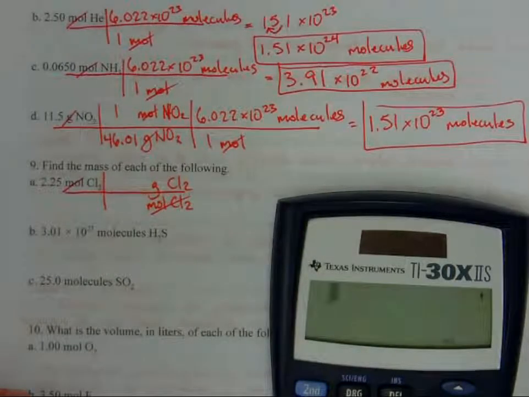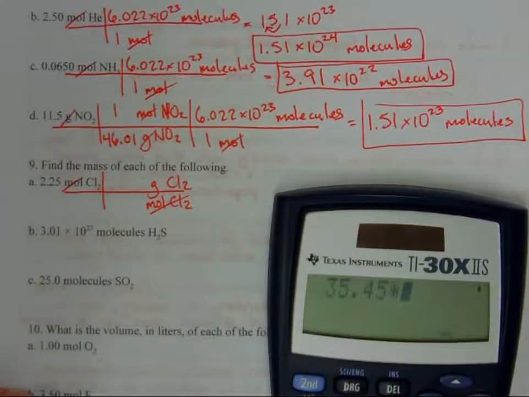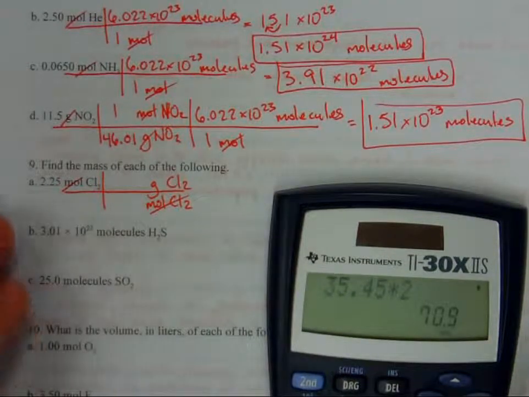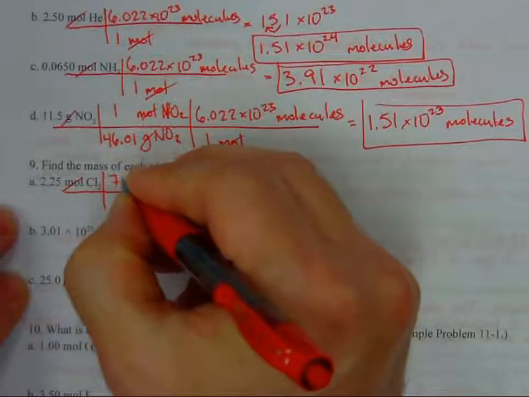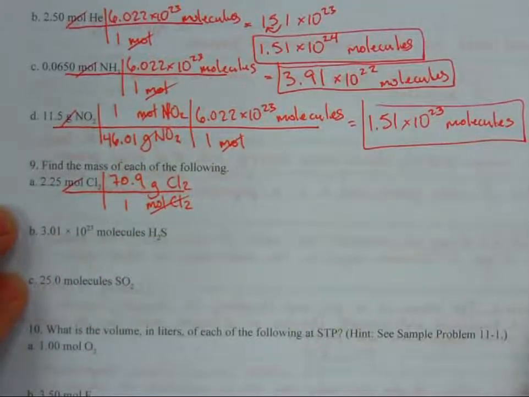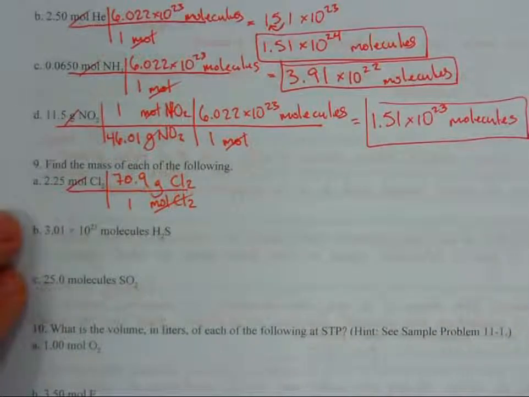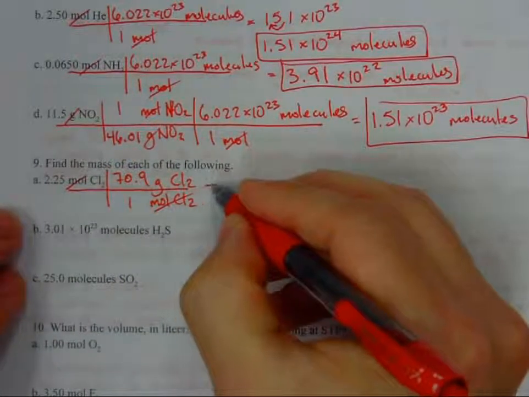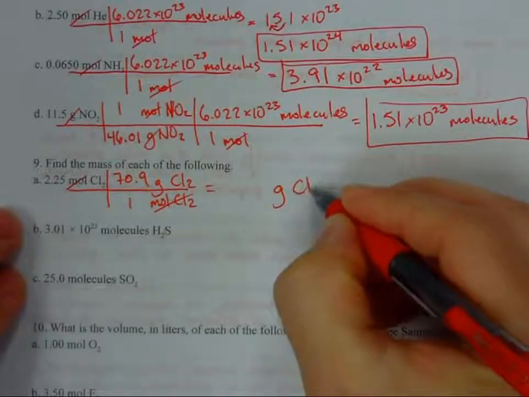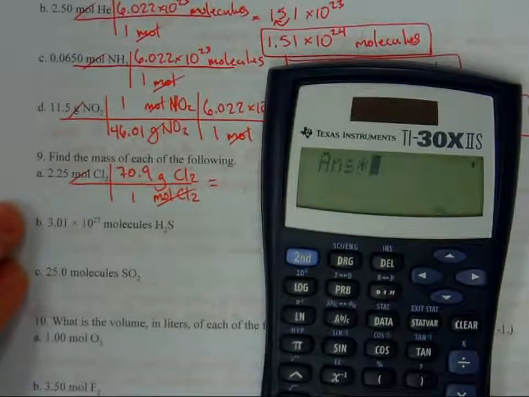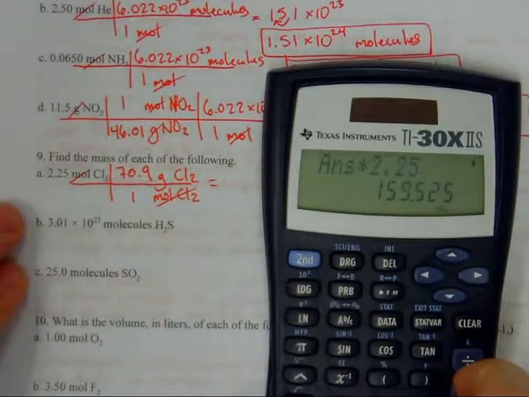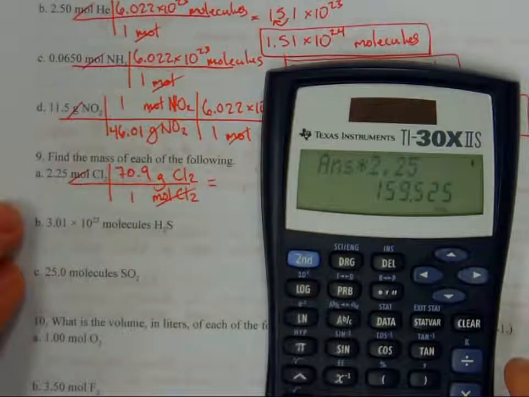So that's 35.45 times 2, 70.9. So for every 1 mole of Cl2, there's 70.9 grams of Cl2. Notice that my units will be in grams of Cl2. I'll simply multiply my 70.9 by the 2.25, and I get a number.